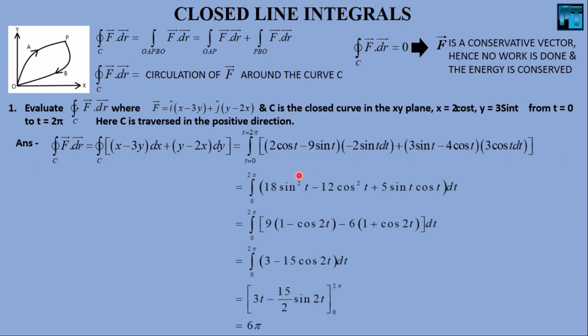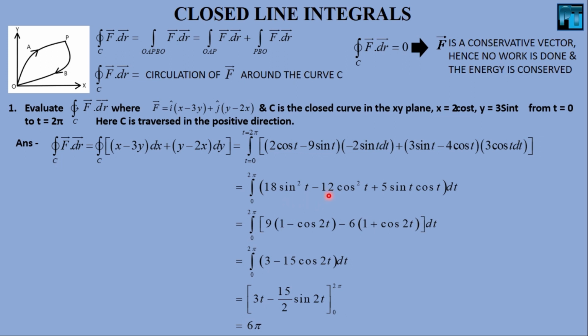This is a very simple integration, with simple differentiation and some multiplication, then some rearrangement and some trigonometric transformation, like this 18 sin square t can be converted into 9 into 2 sin square t. Now what is 2 sin square t? 1 minus cos 2t, standard formula.